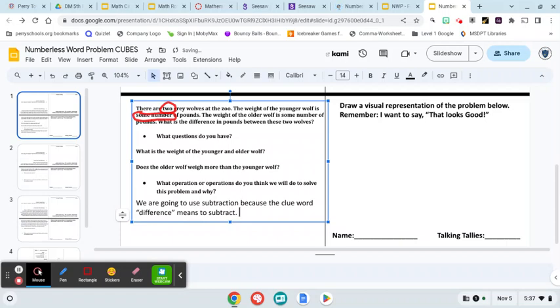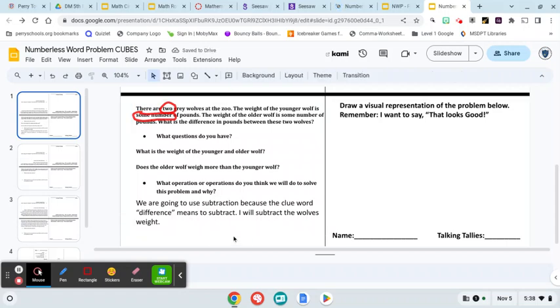I will subtract the wolves' weight. And that's what I need to do to solve this problem. Okay? And after that, I'm almost done.